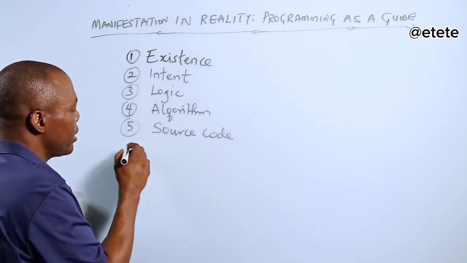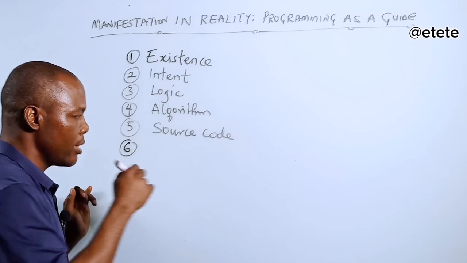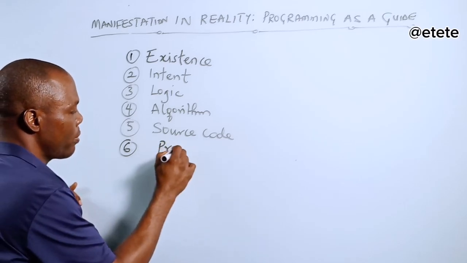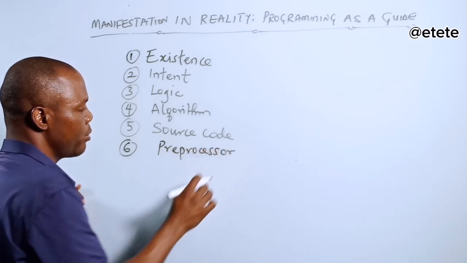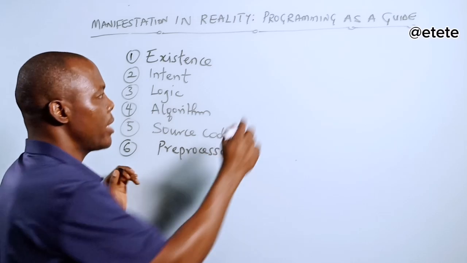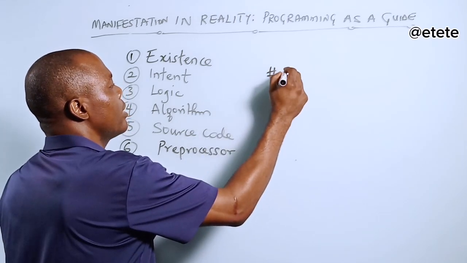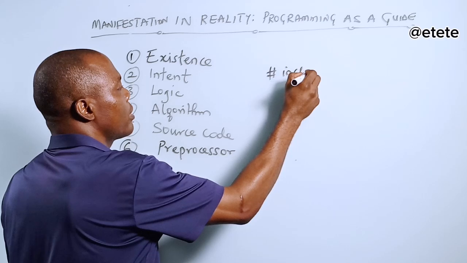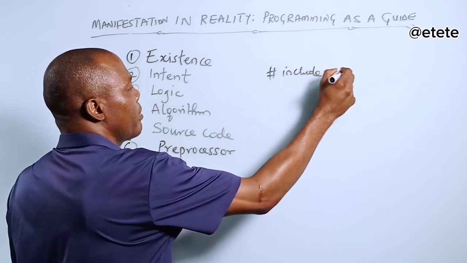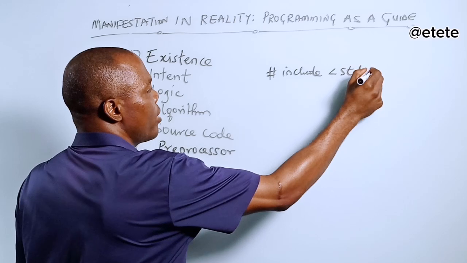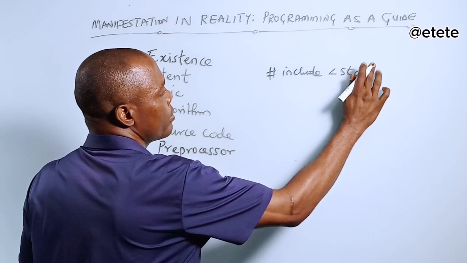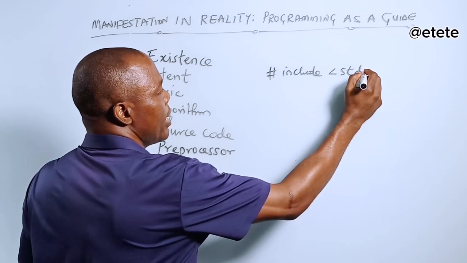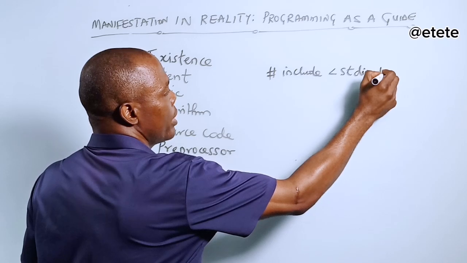Now, having done that, you now come to what? Six, which is what? Preprocessor. I'm teaching C at the moment. And I always tell you when you say this, include STDIO.h.